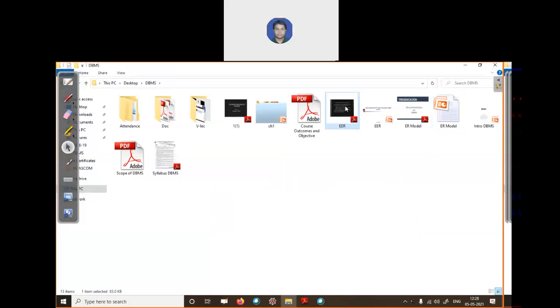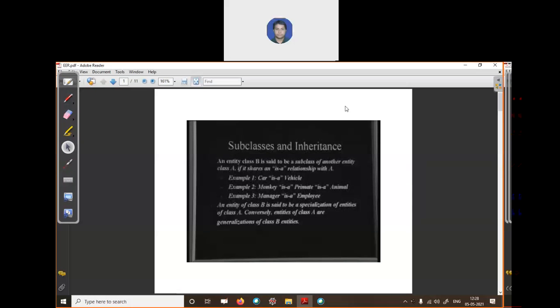In today's class, we will discuss the extended ER diagram or enhanced ER diagram. For this, in the last class we also discussed subclassing, or subclass and superclass.